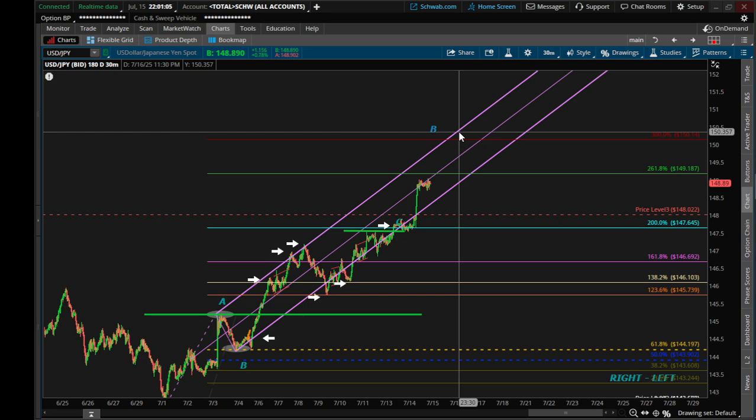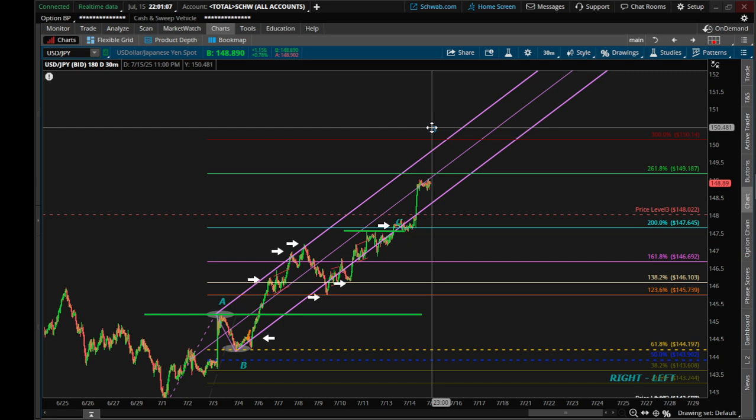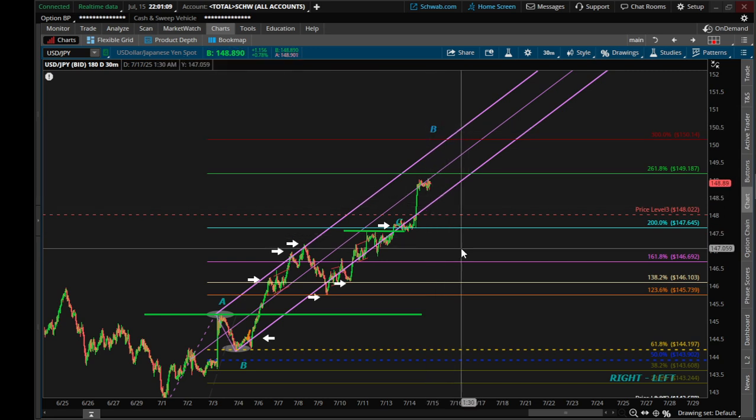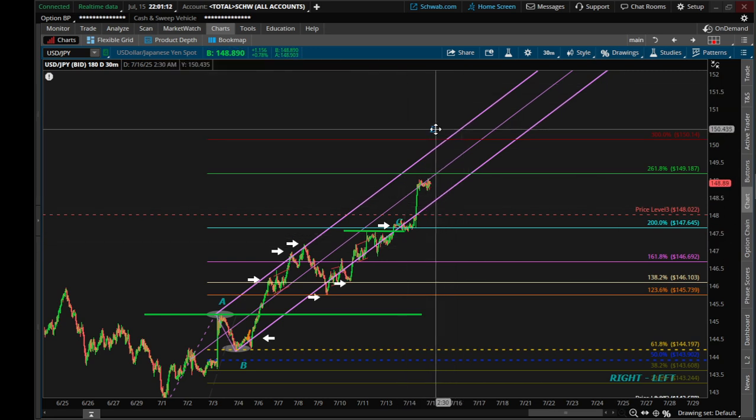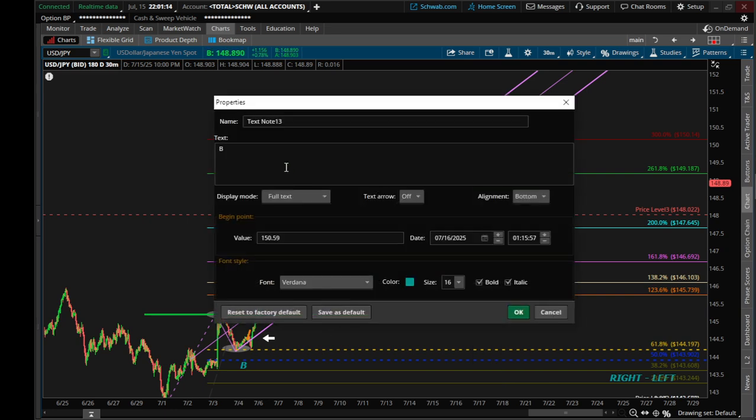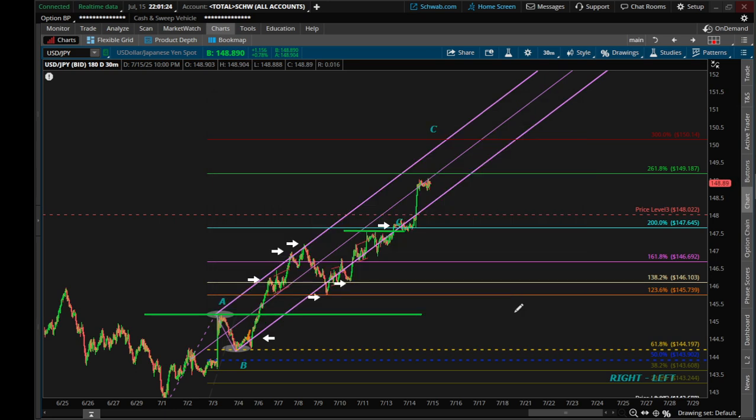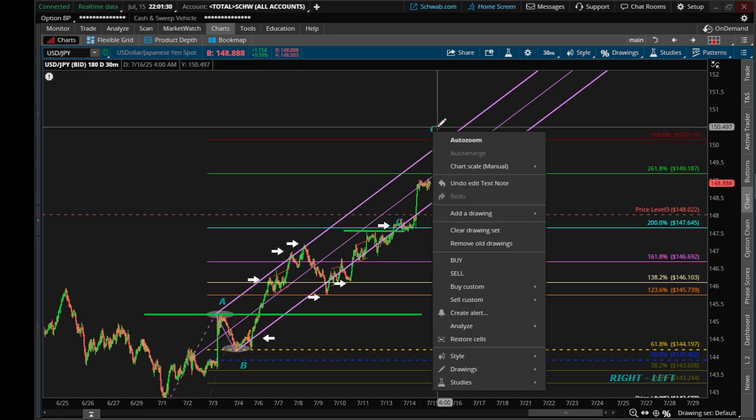So even though we might be turning here, it's short term, and I think we're still going higher. Let me label this. Oh, that's not right. Okay, so C's somewhere here.